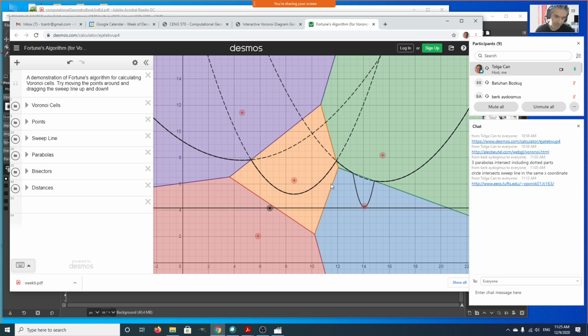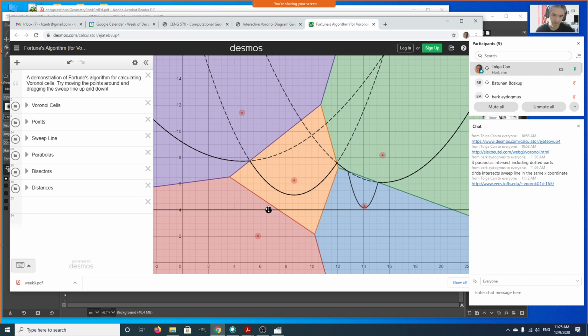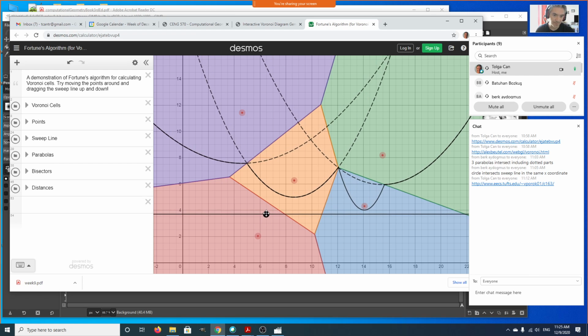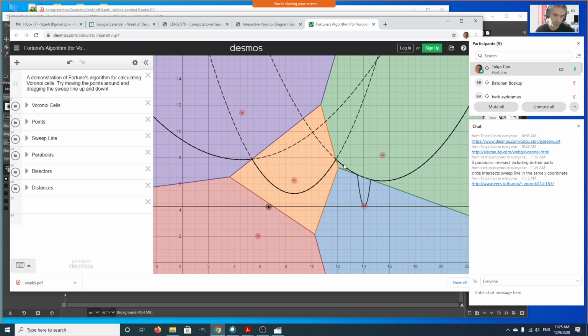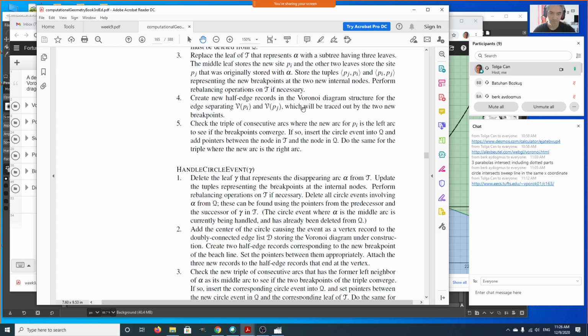Towards left and towards right, this is a single edge. So we started tracing the edge right in the middle. We don't know the beginning or end point of this edge yet. We're going to figure that out when we come to a vertex event, a circle event. But a half edge record should be started at this point, which will be finalized when we come to circle events. All right. So we create half edge records.